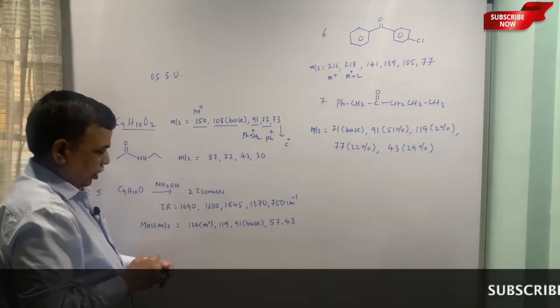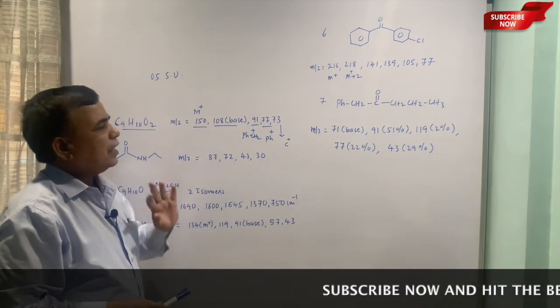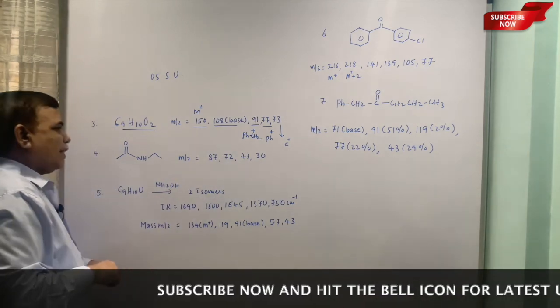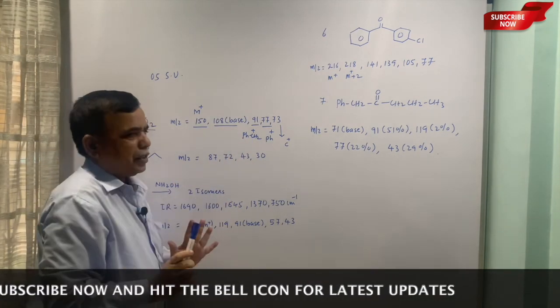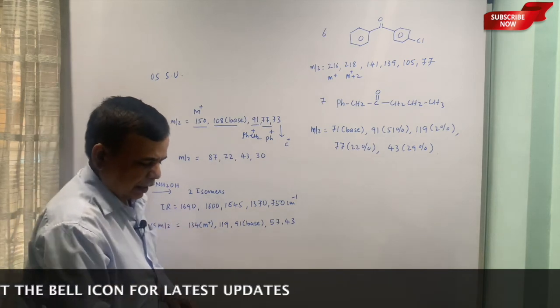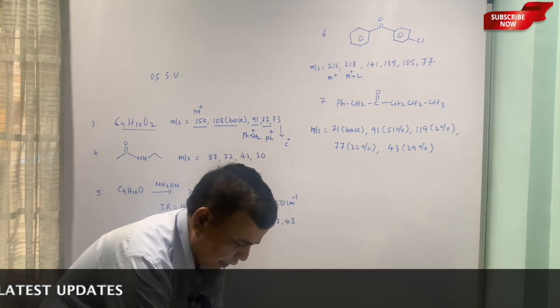So, we have to write a structure in such a way that 108 has to be the prominent peak, 91 has to be there. Now, 91 suggests that the molecule must possess benzylic group, that is first thing, and then the other things would come after that.